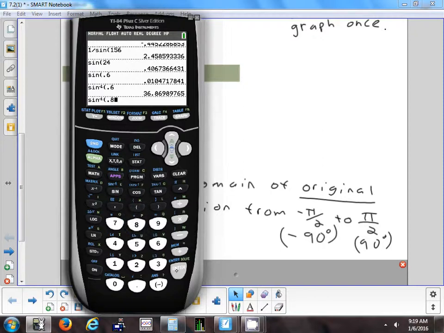That works. I get an answer between negative 90 and 90. As long as you pick a number that you can plug into inverse sine, the answer, I guarantee you, will always be between negative 90 and 90.